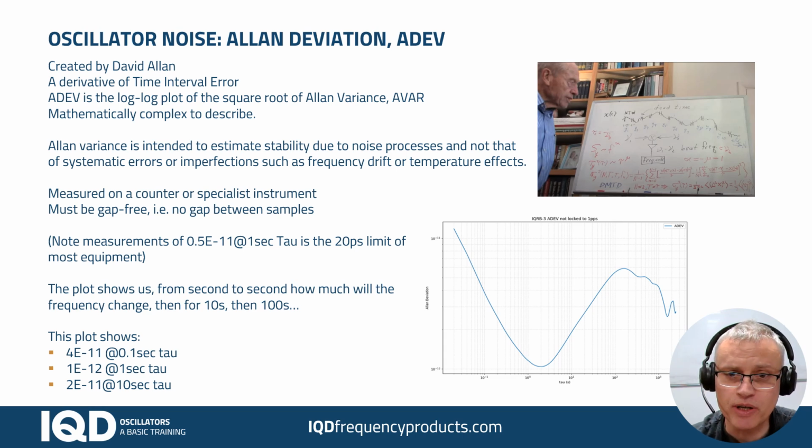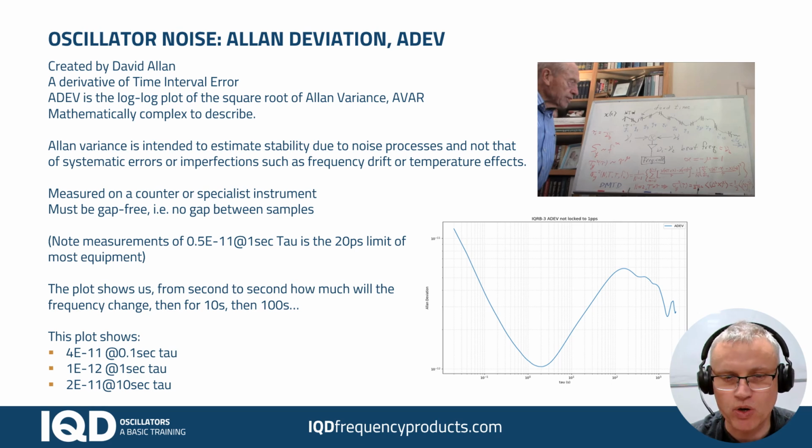To make the measurement, you're going to need a specialized instrument or a counter. The measurement has to be made on a gap-free instrument. On a traditional counter, if you have a gate time of 0.1 of a second, it could be that the following 0.1 of a second has a small gap between those two measurement periods, and that was a bit of a no-no in Allan deviation.